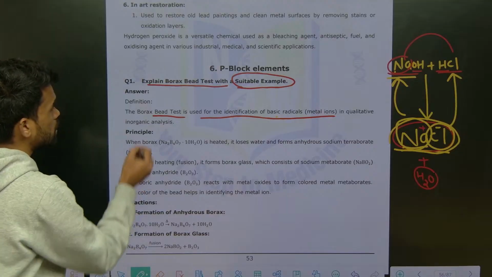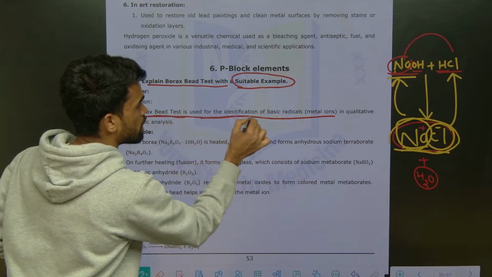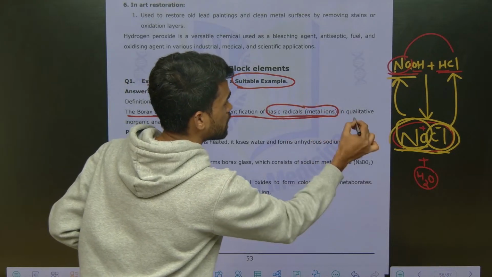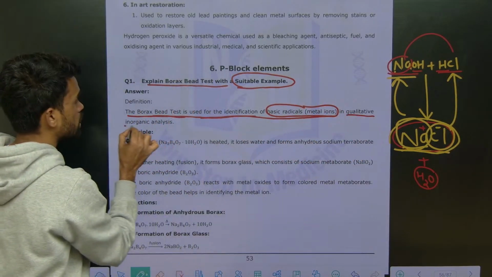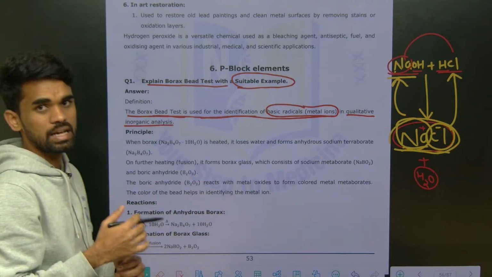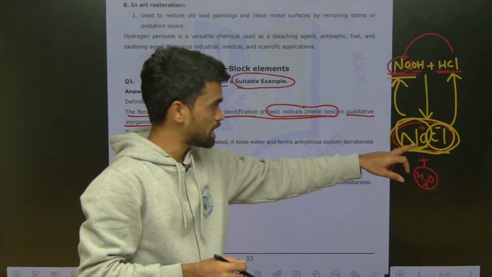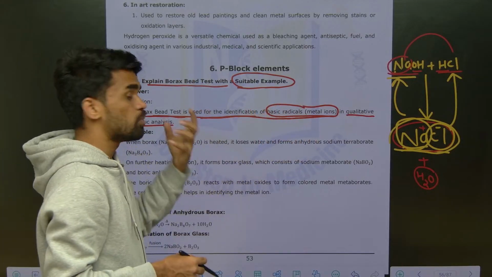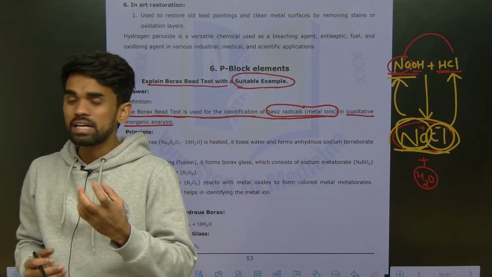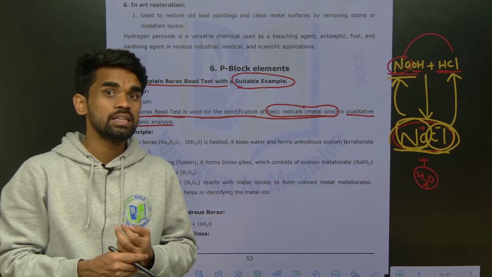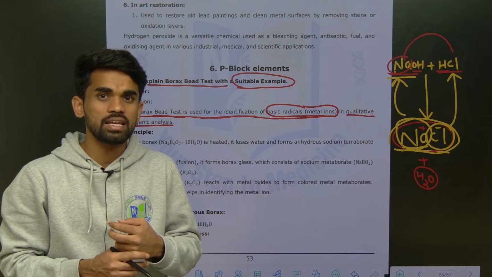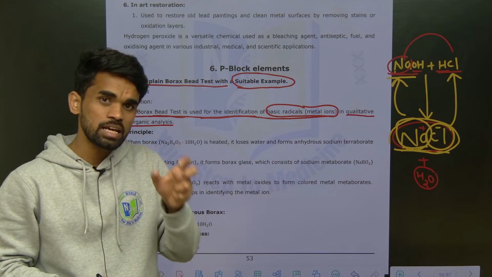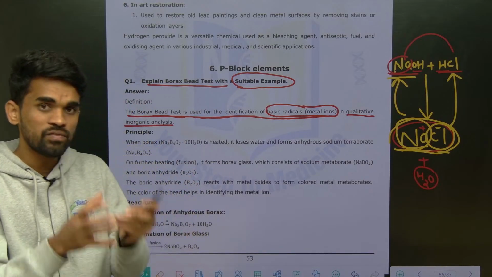Now look here, the borax bead test is used for identification of basic radicals, meaning metal ions, in qualitative inorganic analysis. When we are doing salt analysis, we can identify cations present in the salt using this borax bead test, especially transition metal cations like iron and cobalt.